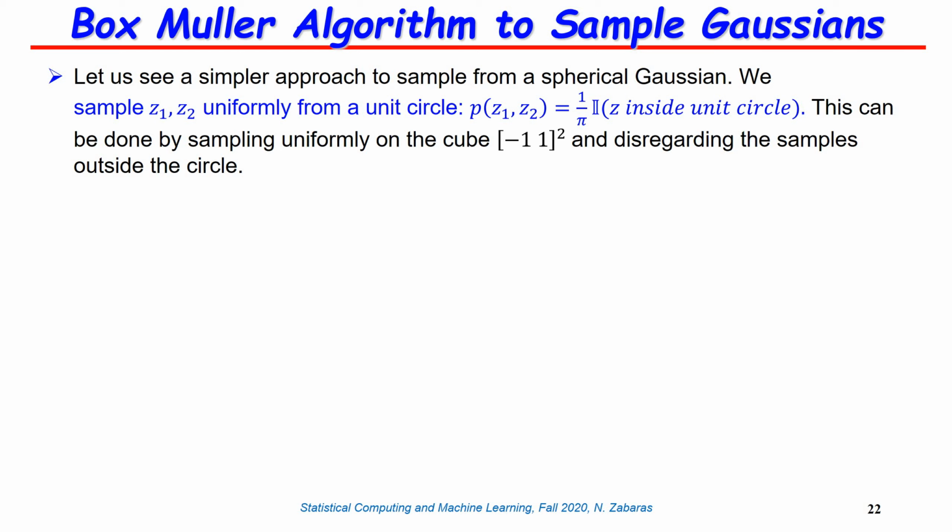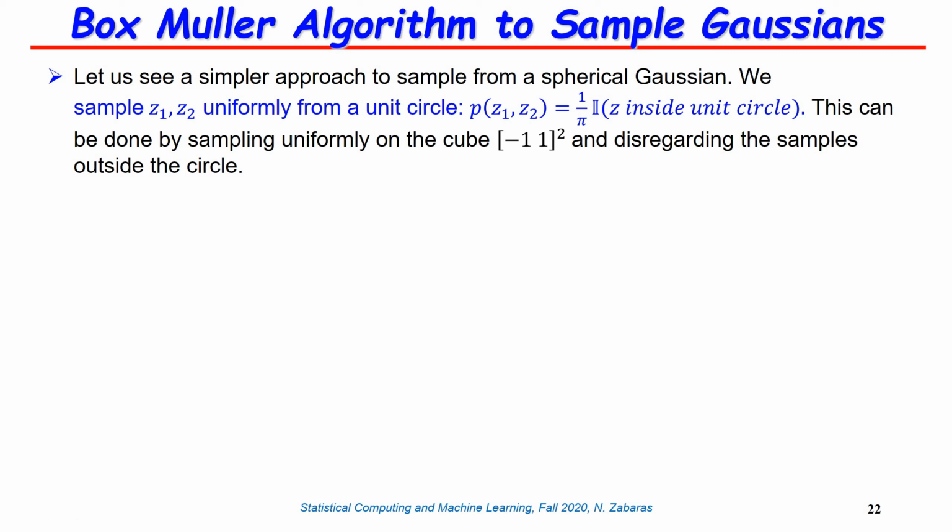And then from those uniform random variables you define the indicator function that allows you to keep only those samples that are inside the circle, and then I have to divide this by pi, right? So for this distribution to be normalizable, if you take the integral of this inside the circle, you're going to get 1. So I need this 1 over pi for normalization purposes.